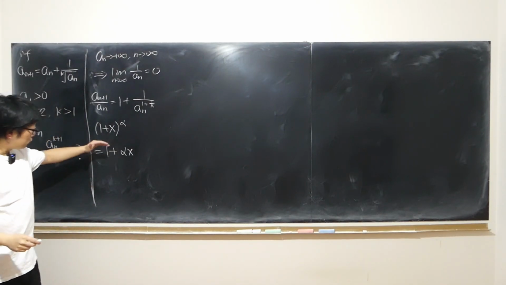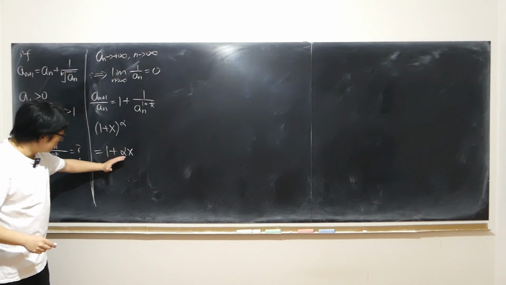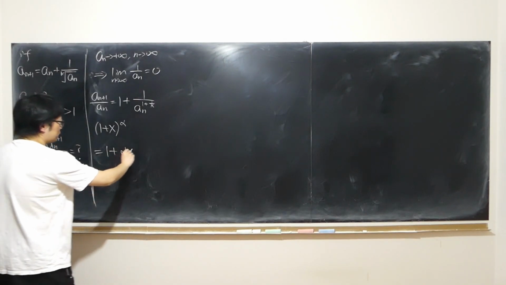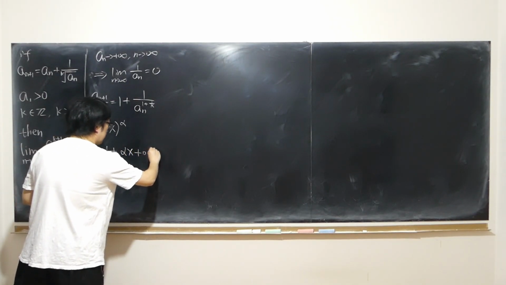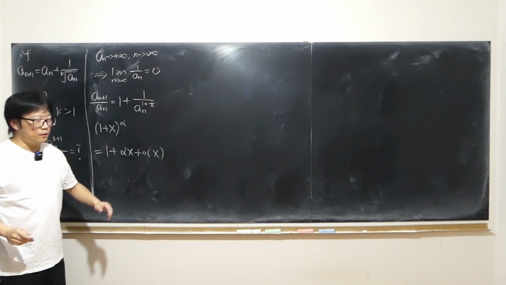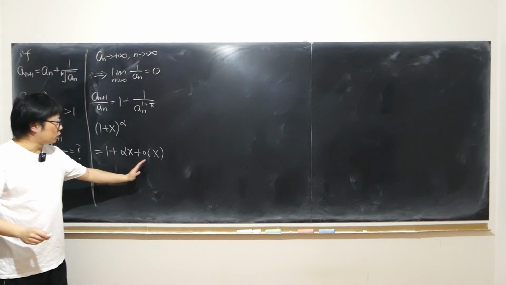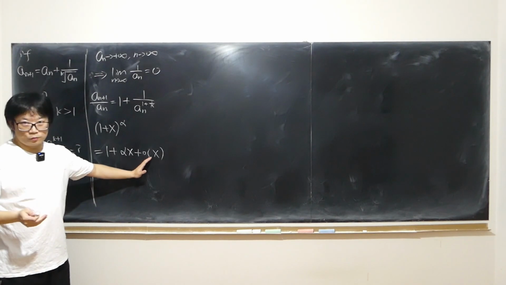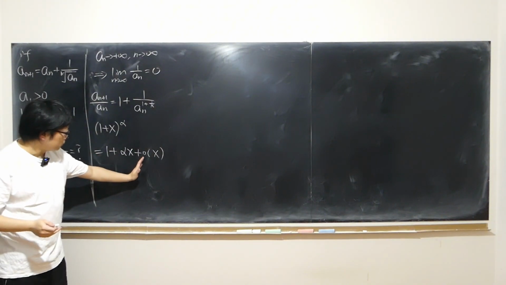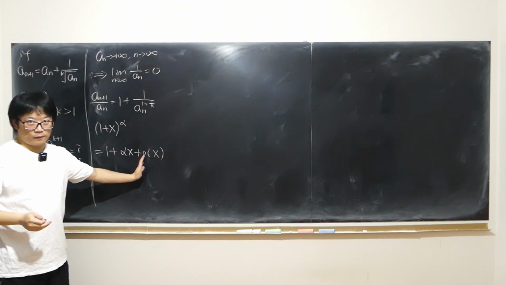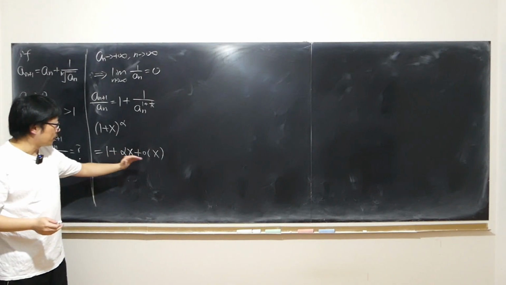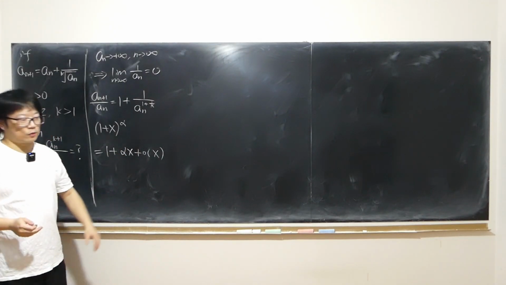So after I tried it, I realized that all I have to do is use these two terms and plus little o of x. And here the notation little o just represents some infinitesimal, which doesn't have to be unique, that is some function of x tending toward 0 as x tends to x naught.